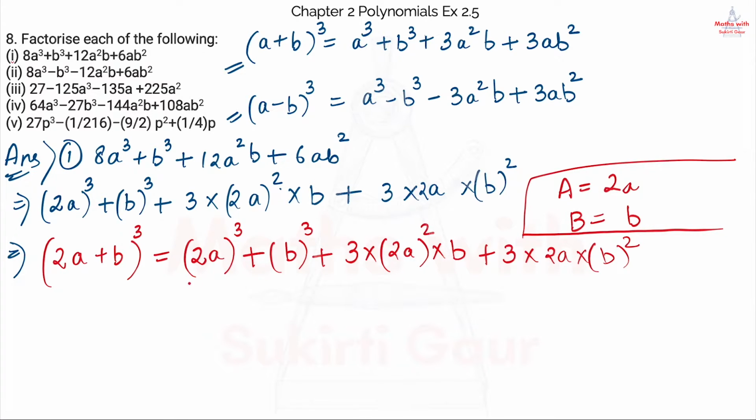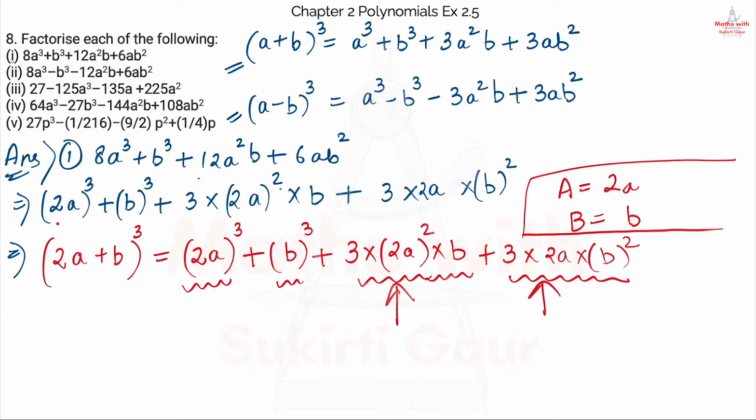If we see with full focus, we have the same arrangement in the previous line where I have converted 8a cube as (2a) whole cube, b cube as b whole cube, while I have written 12a square b as 3 into (2a) whole square into b plus 3 into 2a into b square, which is in the form of 3a square b plus 3ab square.